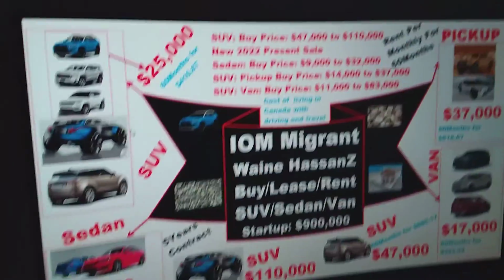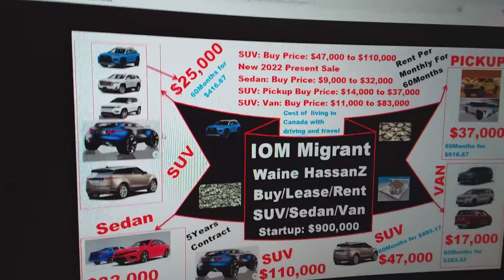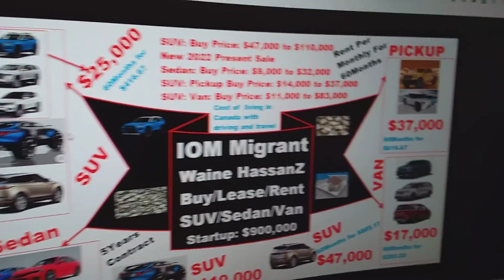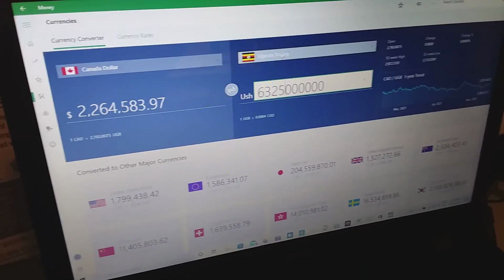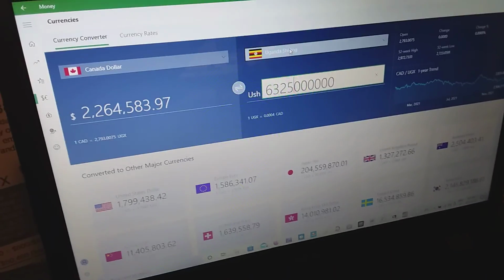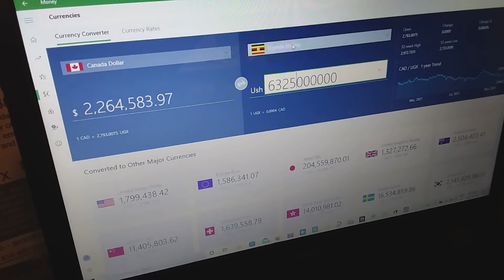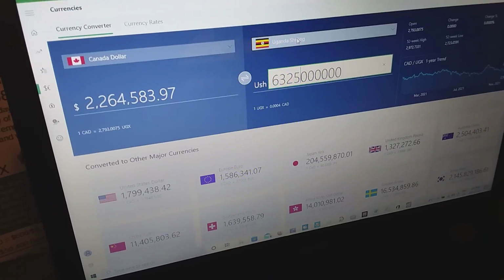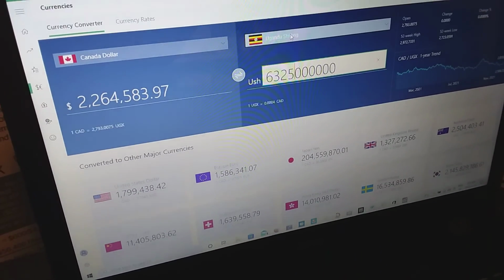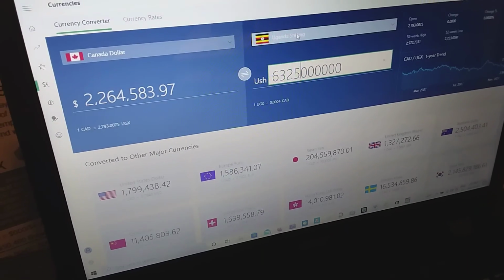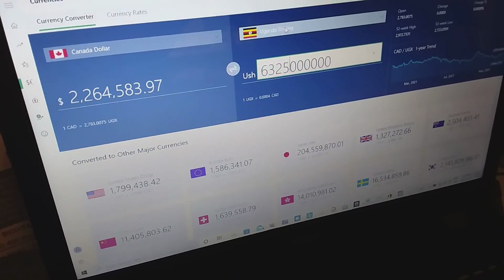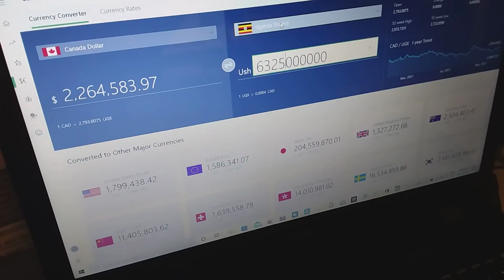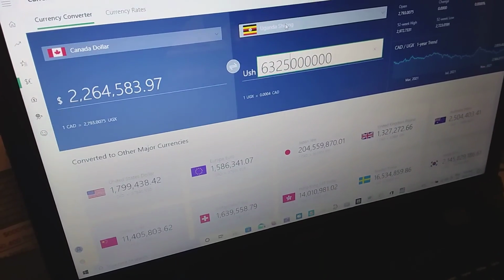Then let's get back to the car. Let's first exchange it to currency, roughly Canadian dollars 2,264.58. That is roughly 6 billion 325 million.